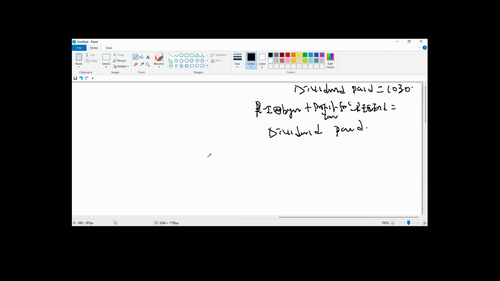Go to the question: what is the retained earnings at the beginning? 1275. 1275 plus profit for the year, which is what I'm looking for, Y, minus retained earnings at the end, 1145, equals dividend paid of 103. I will collect that. Y equals 103 minus 1275 plus 1145 to give me profit for the year.